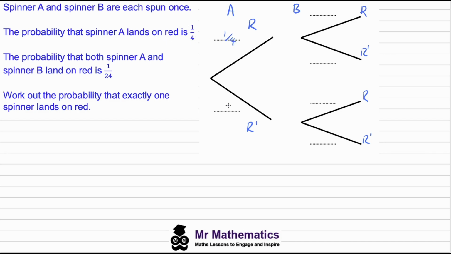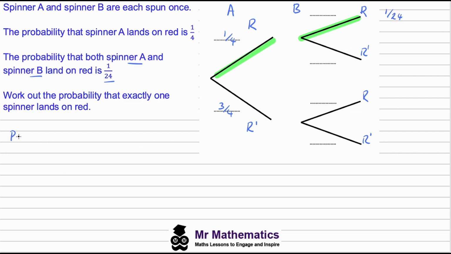So a probability of not getting a red on A must be 3/4. And then we're told that the probability of the spinner A and B being red is 1 over 24. So if we identify that path, it'll be red, and this will be 1 over 24.